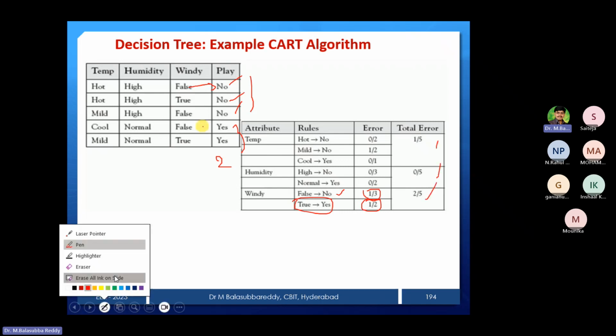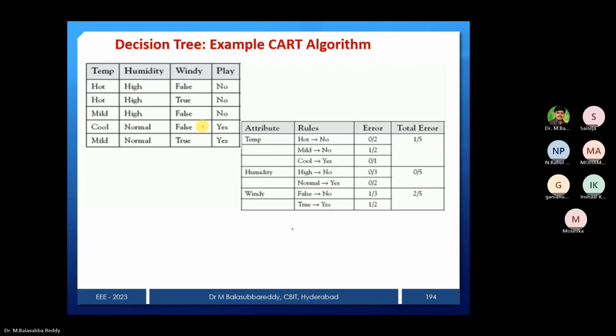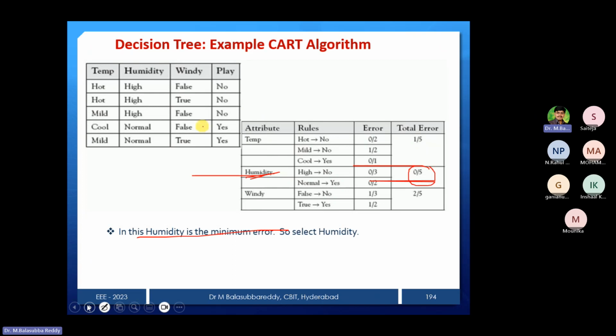Now which one is the next root node? Anybody? Which is having minimum error? So now this is your 0 error. That's why humidity you take as the next node. In this, humidity is minimum error. So select the humidity. But already outlook is your main. This is outlook is your main. In that there is this one is yes. You can close here. Then like this.